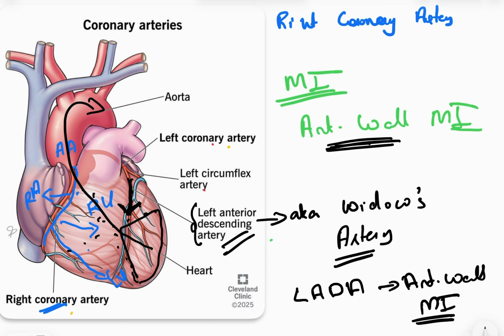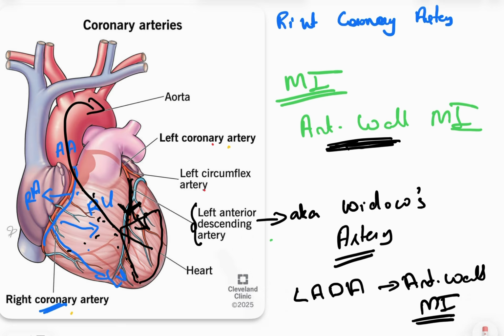So if the anterior wall of the left ventricle is affected, the patient is going to have a severe condition, that is anterior wall MI. If they ask which artery is responsible for anterior wall MI, it is the left anterior descending artery.